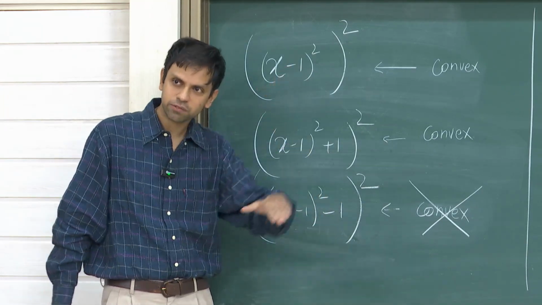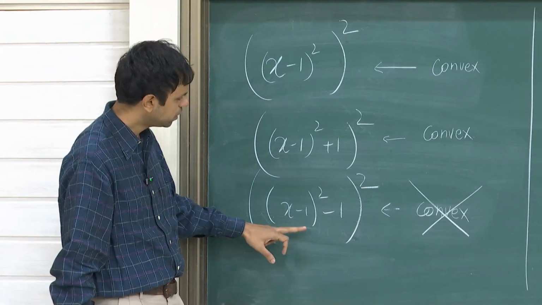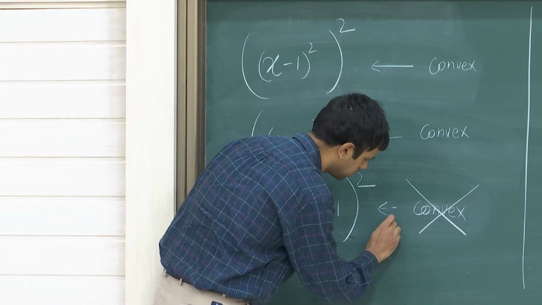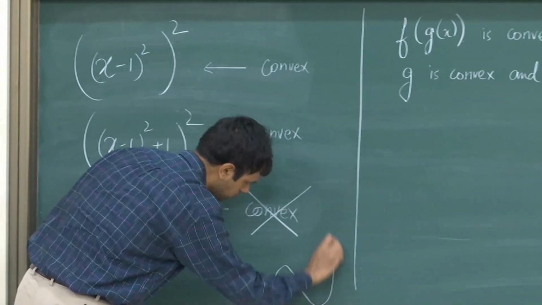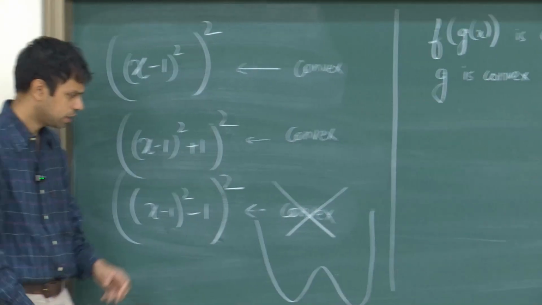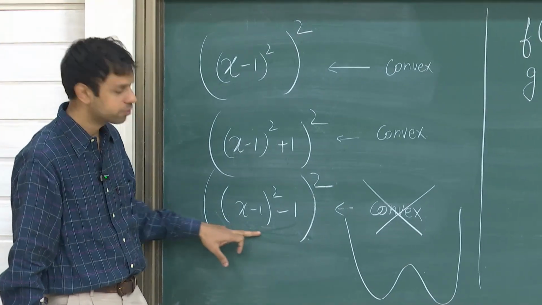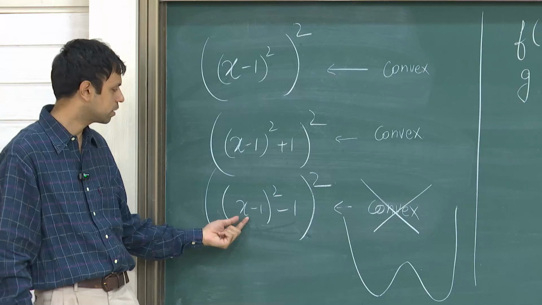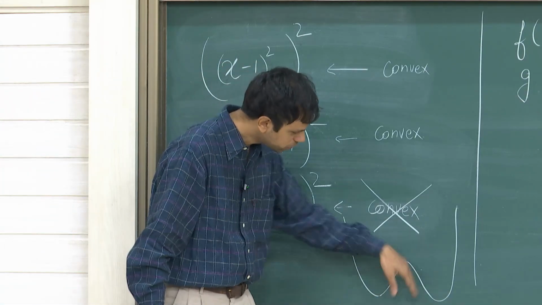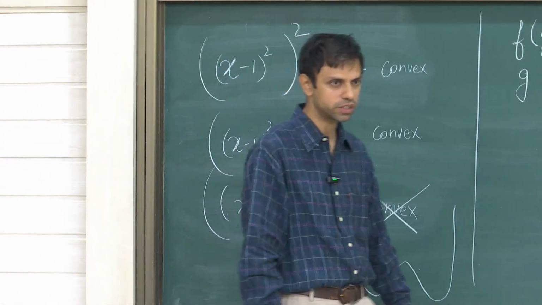Not really, these are quadratic functions which go down and then come back up. So if you plot this function it will come out with this shape, because this part actually becomes negative for values of x near 1, and then it will turn up because square of negative is again positive.